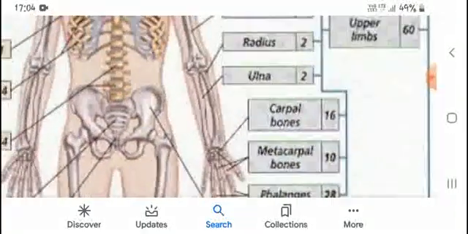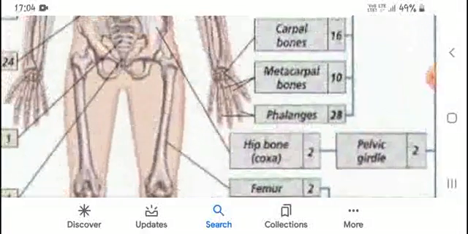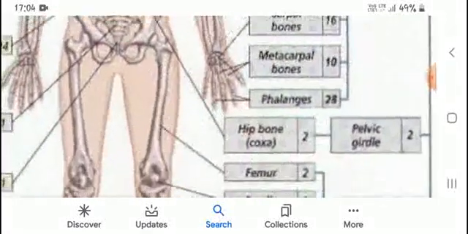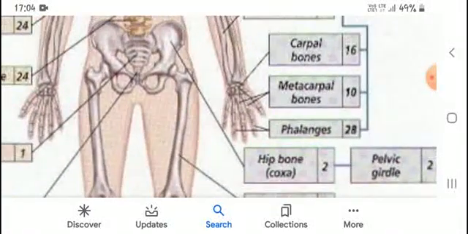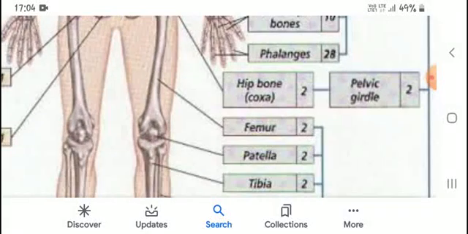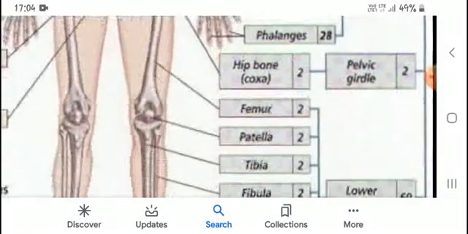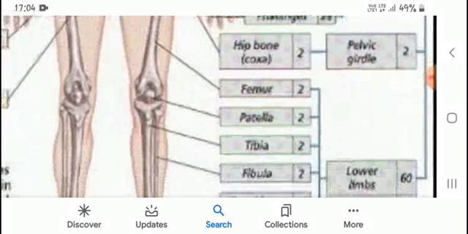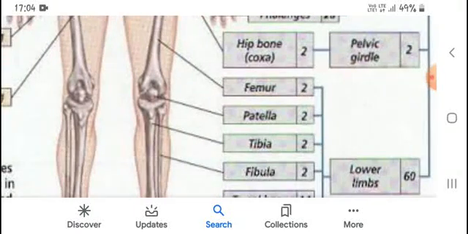And next, the hip bone is two bones. We can also call it coxa, the hip bone, that is two bones, and the femur, the legs. In that, first the upper leg bone is two, and patella has two bones, and tibia has two bones.